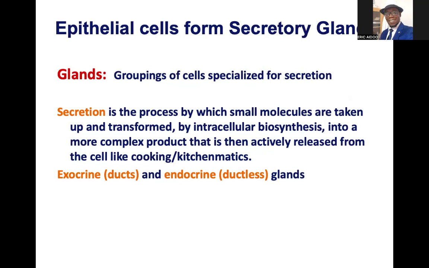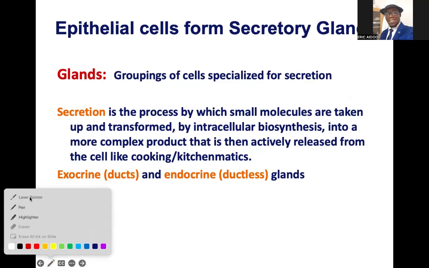The same way the cells are able to do this. And then the exocrine glands are the ones that have ducts, and those that do not have ducts are the endocrine glands.